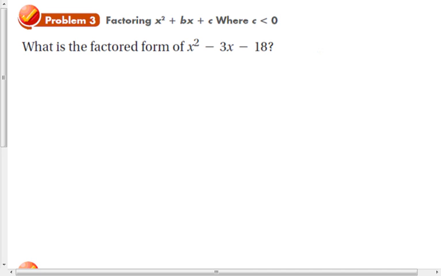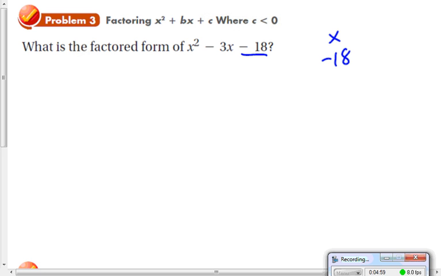Okay, here we have a form where we have two minuses in the answer, which is going to change what we're looking for. Now we need two numbers that have a product of negative 18 and a sum of negative 3.